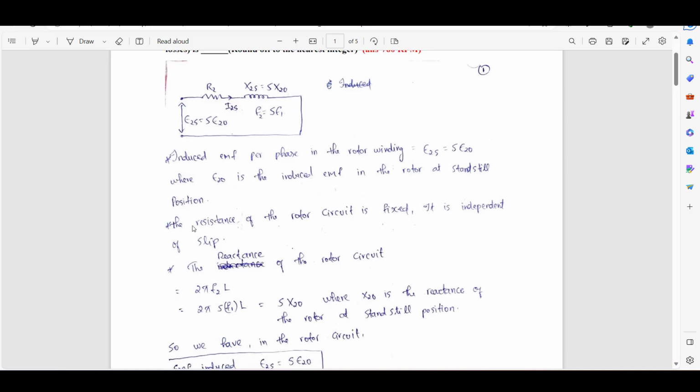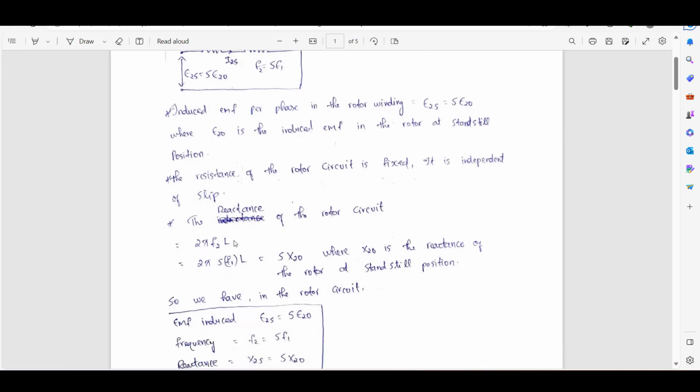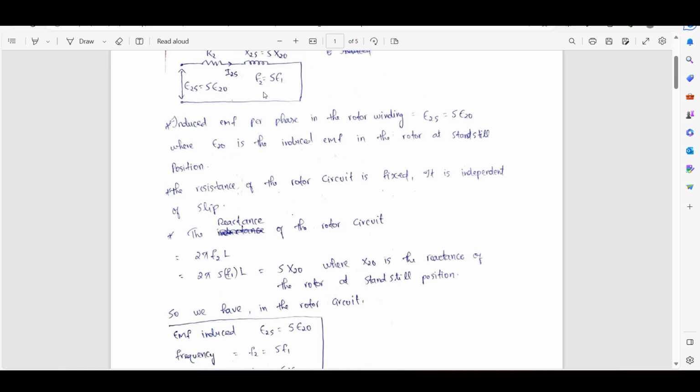Coming to the resistance, the resistance of the rotor circuit is fixed. It is independent of the slip. For reactance, we know reactance is equal to 2πfL, or ωL, where ω is the angular frequency of the current flowing through this circuit.